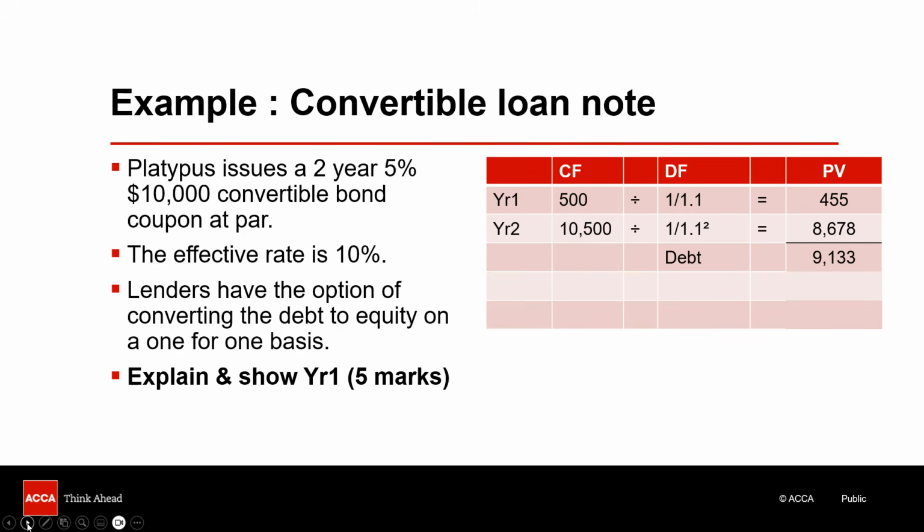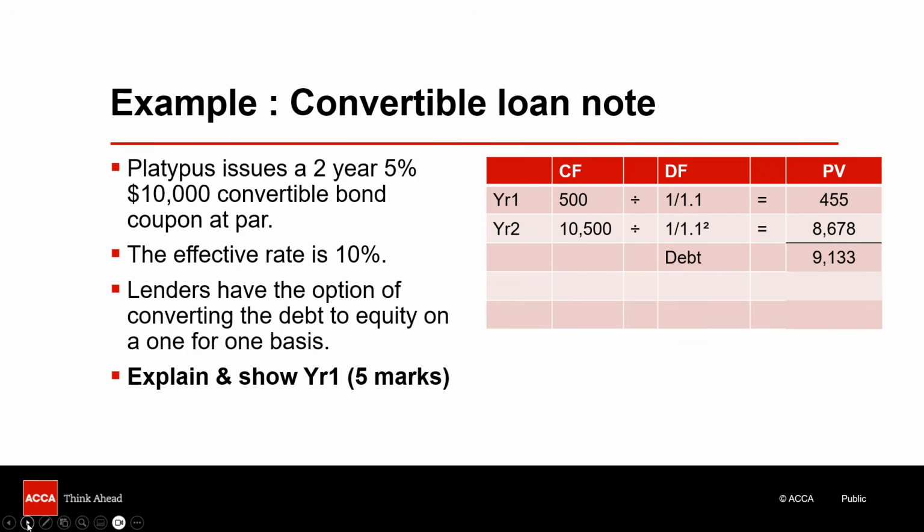But the second year's cash flow is not only the interest, but also the redemption of 10,000. That is being discounted at 1.1 to the power 2 to reflect the time value of money over the 2-year period, or you can multiply that by 0.8264, and you therefore arrive at a measure of the debt initially at 9,133. That's the initial recognition of the debt.